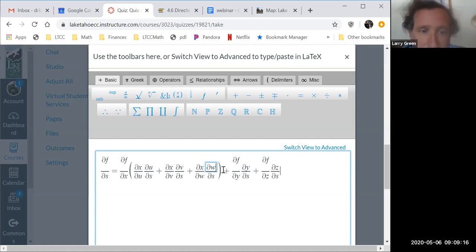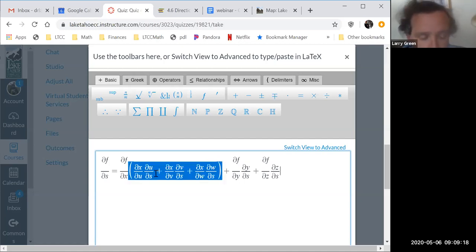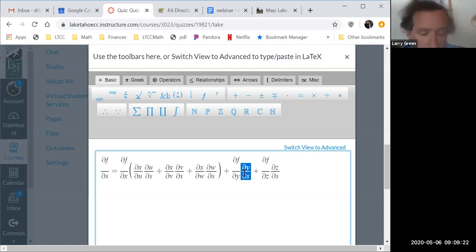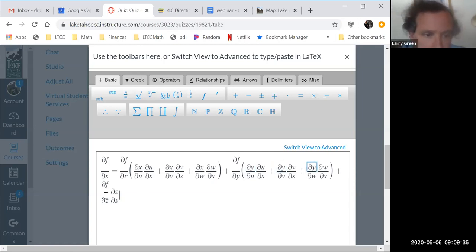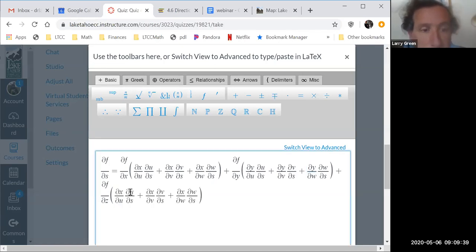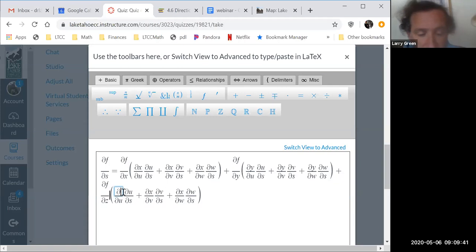And then what I could do is basically do the same thing with the y and the z. I'm just going to copy and paste it. Where I see an x, I'm going to put a y. And similarly over here, where I see an x, I'm going to put a z.